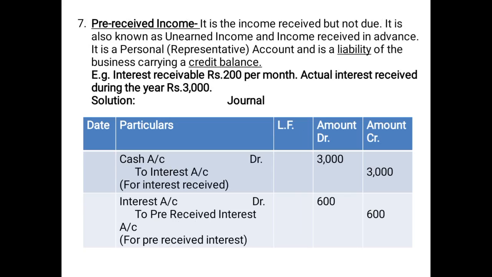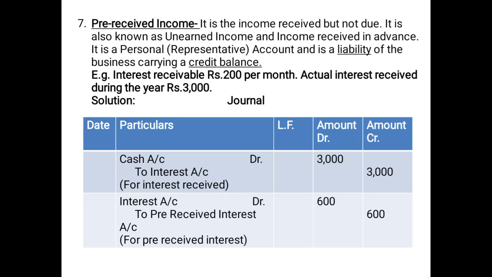Moving ahead, pre-received income. Again it is just the opposite of prepaid expense. Pre-received income means that income which has not been earned, which has not become due, but has been received in advance. For example, if the business receives interest for the next year also in the current year itself, then the interest for the next year is a pre-received interest or pre-received income.